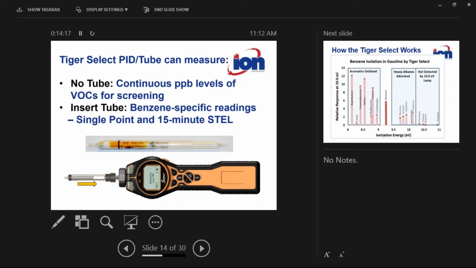So this is the solution that has been available on the market for many years now: a PID with a filtering tube in front of it. This is the magic tube that isolates the benzene from all the other stuff that's coming in. The way you would use this is to use it without the tube at first, allowing the PID to screen for total VOCs.